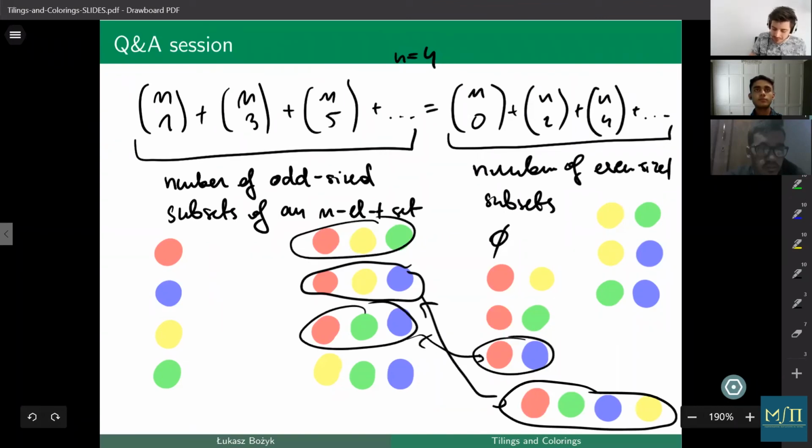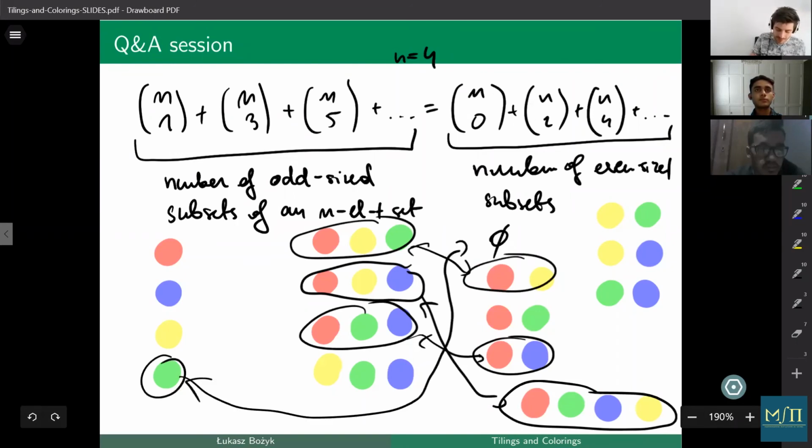This set with green will match with this set without green. This set with green will match with this set without green. This set with green will match with the empty set, right? After we remove green, there is nothing more at all. And so on. I don't want to draw more arrows because it would make it not visible. But what you can observe is that we always have one set on the left side and one on the right side.